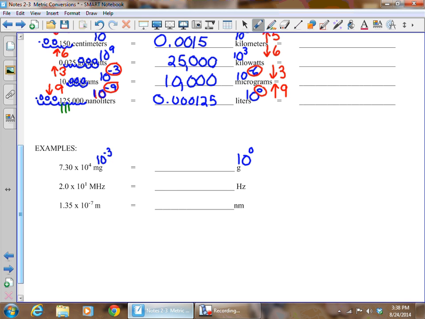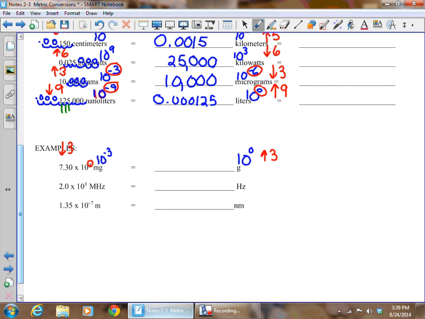So what's happening to our unit? Our unit is going from negative 3 to 0, so it's getting bigger by 3 places. So our number value better get smaller by 3 places. Now here is the beauty part of exponential notation or scientific notation. All I have to do is change this power of 10 and make it smaller by 3 places.